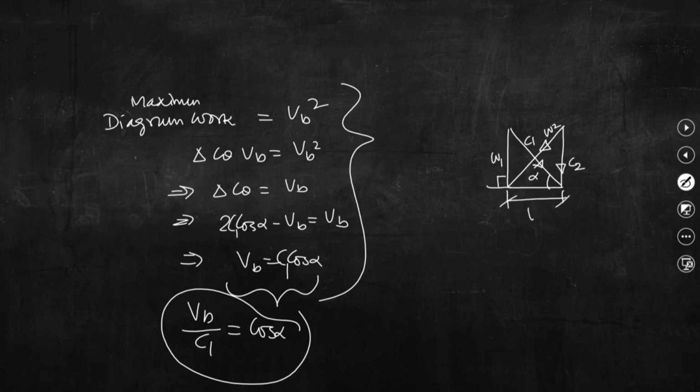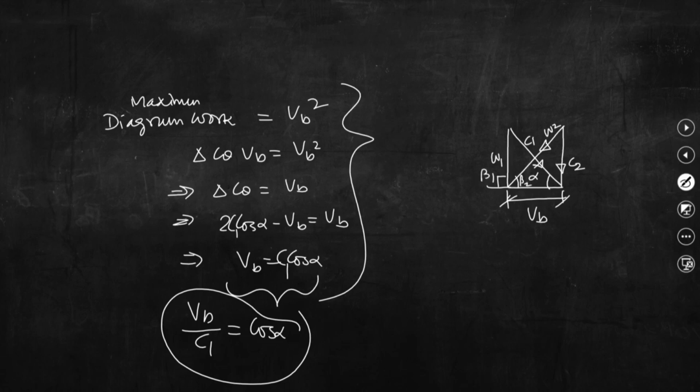So, this is Vb. C1 cos alpha equals Vb, that we can see from this diagram, the velocity triangles for 50% reaction. This is beta 2, and this is beta 1.